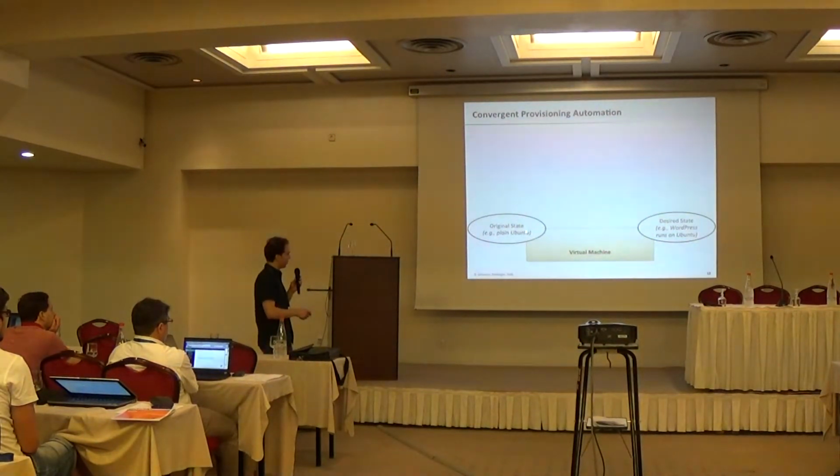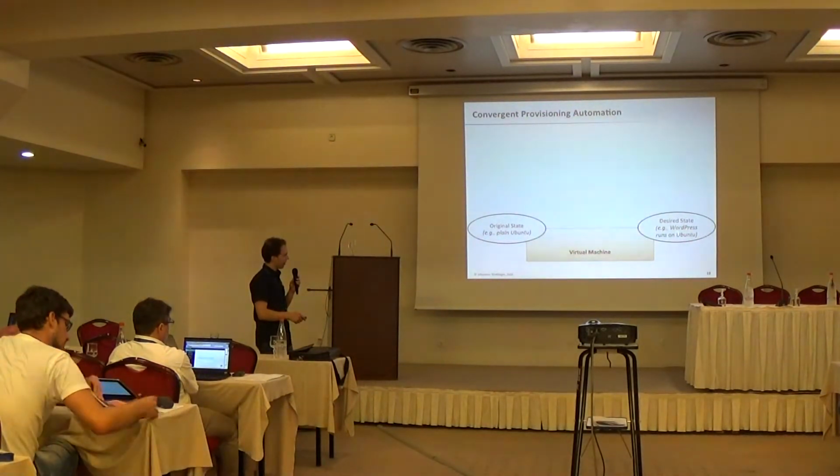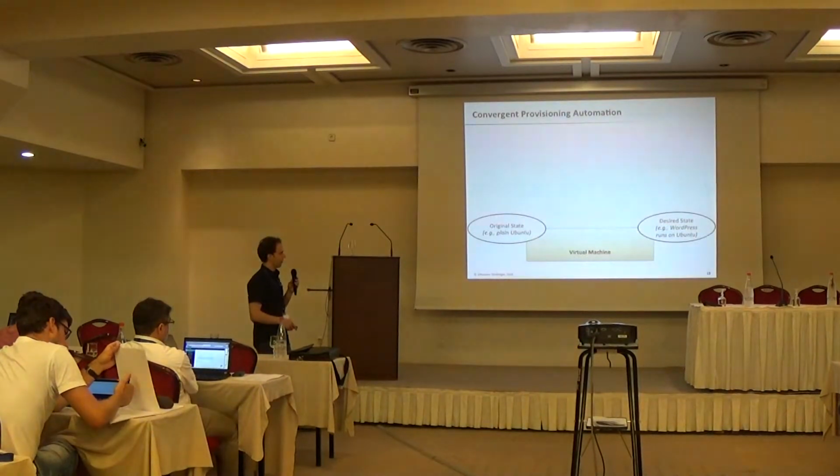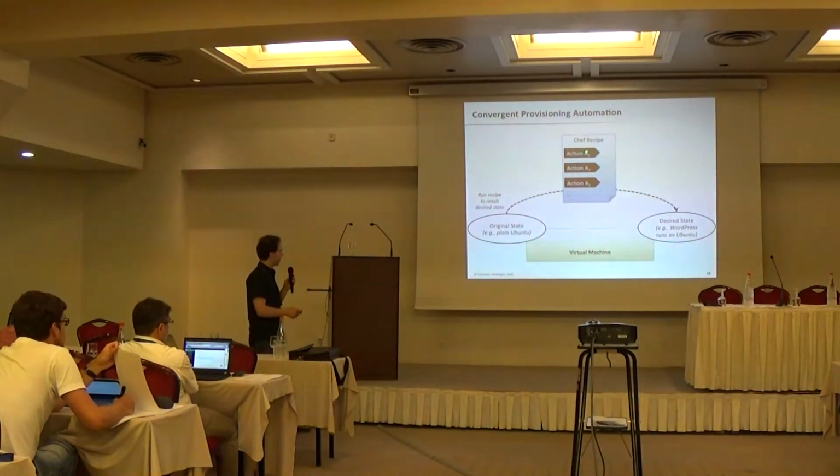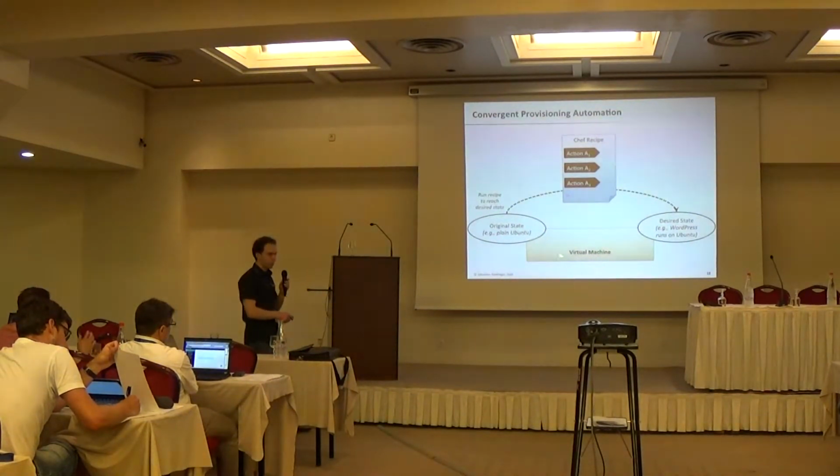You have the original state, before the recipe or the script is executed, and you have the state that is desired. For example, you have a plain Ubuntu machine, but in the desired state, you want to have WordPress running on that machine. So what Chef is basically doing is it takes the recipe, which defines a bunch of actions, in order to transform the resource, for example, the virtual machine or the container, from the original state to the desired state.